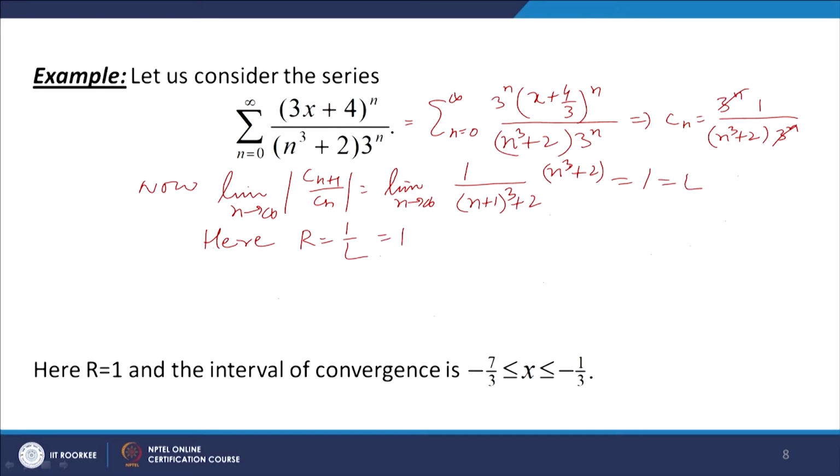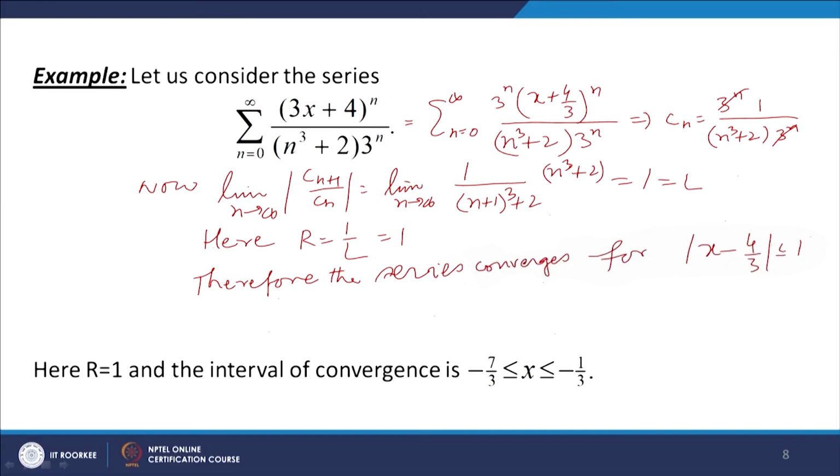So, radius of convergence is equal to 1 and therefore, the series converges for mod of x plus 4 by 3 less than or equal to 1. Okay.